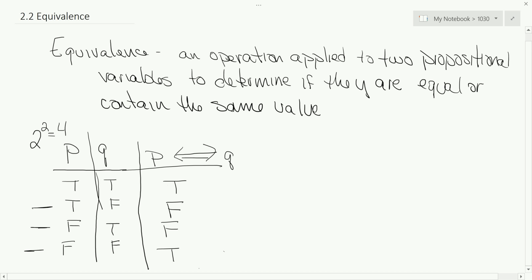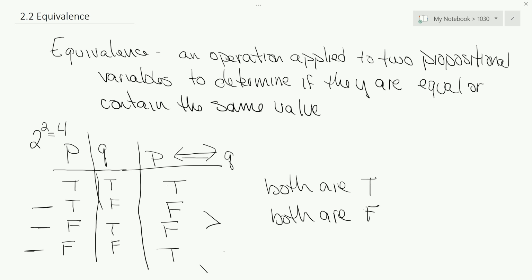This truth table can tell me very quickly that the only time that the equivalence is equal or the same, or should I say true, is when both P and Q are true or when both are false. We are looking for instances when they are equal, and that will occur when both P and Q are true or when both P and Q are false.